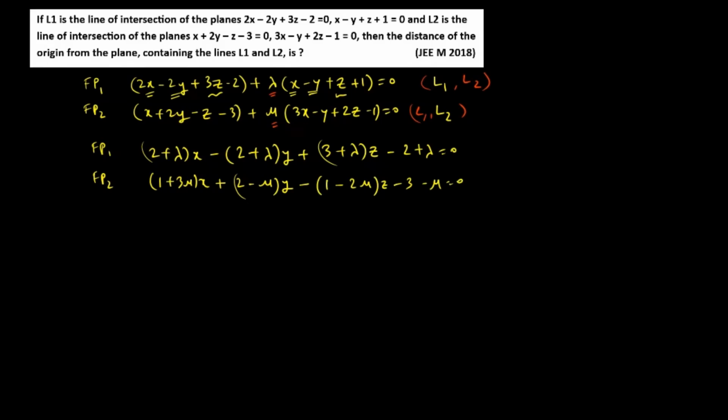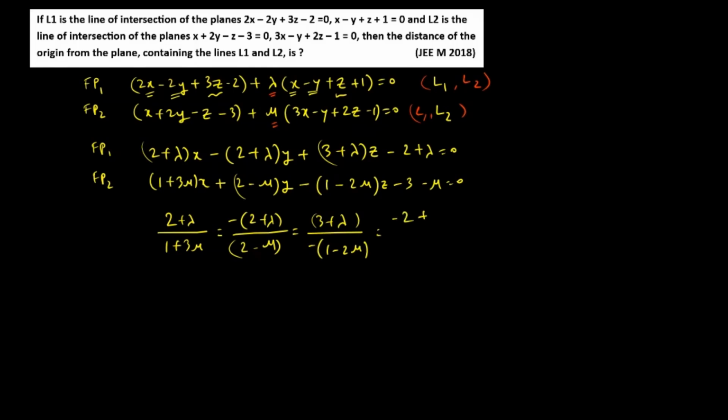So we could write that 2 plus lambda by 1 plus 3 mu must be equal to minus of 2 plus lambda by 2 minus mu, equal to 3 plus lambda by minus of 1 minus 2 mu, equal to minus of 2 plus lambda by minus 3 minus mu, which must be equal to some constant, right?